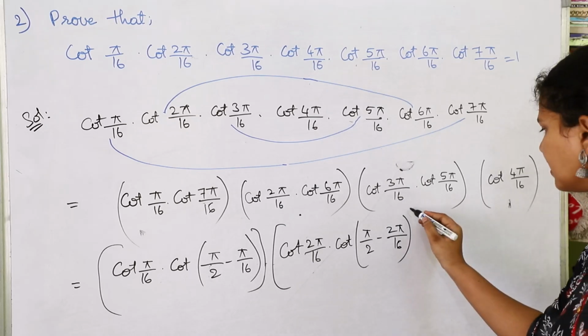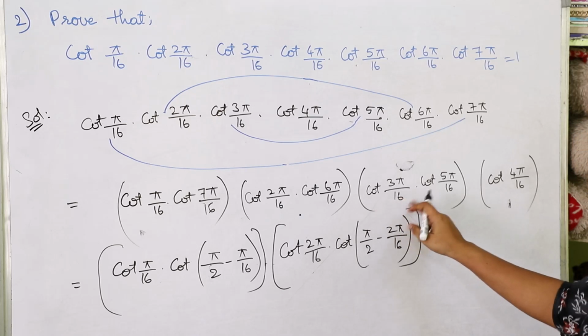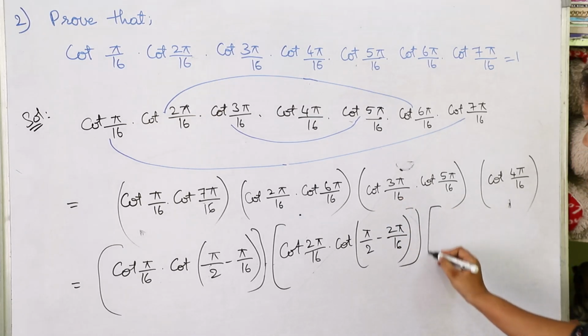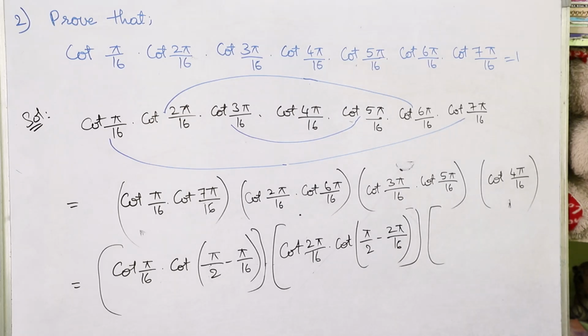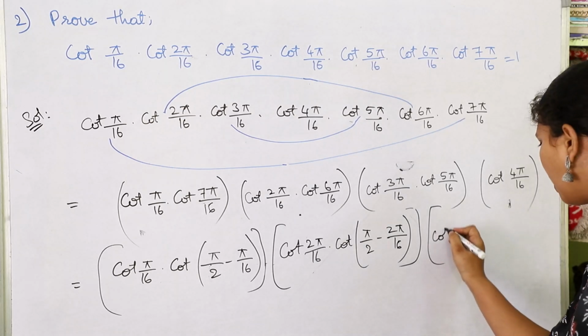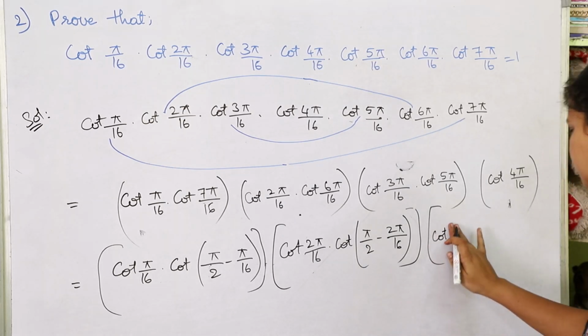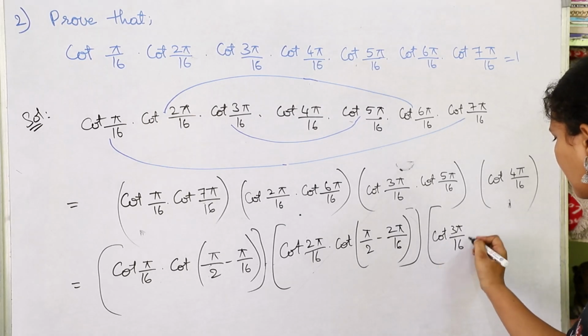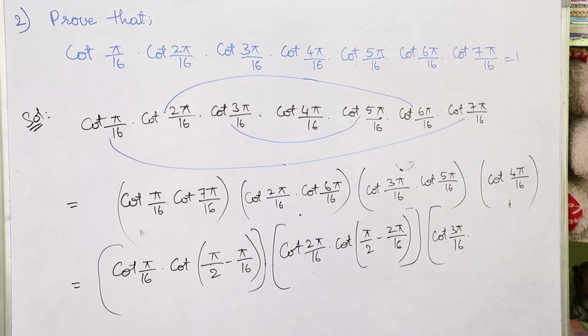Now let's go for the next one, the third pair. Here we have two values: cot 3 pi by 16 into cot 5 pi by 16.